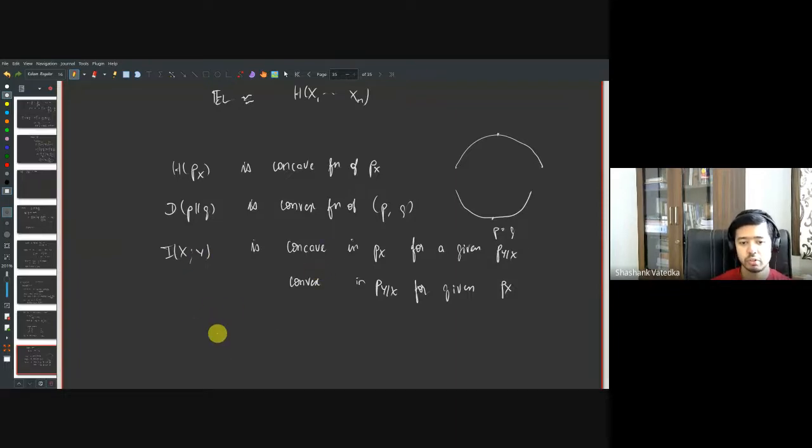So therefore, if you want to compute the capacity, which is the maximum over all possible Px of I of X;Y, this optimization problem is a convex optimization problem, because the argument is a concave function. So you can use any convex solver to solve this particular optimization problem.